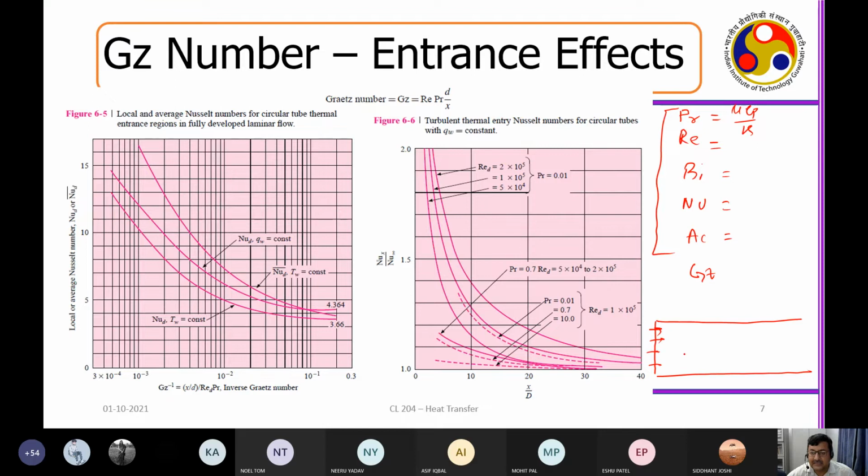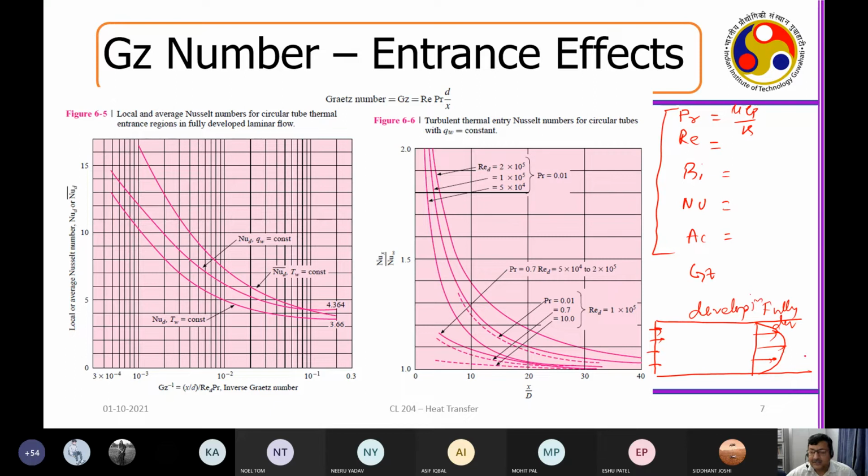Now I know that this particular flow will become parabolic after a certain point of time, if it is laminar flow, right? Now this particular flow is called the fully developed flow. This is called a developing flow.